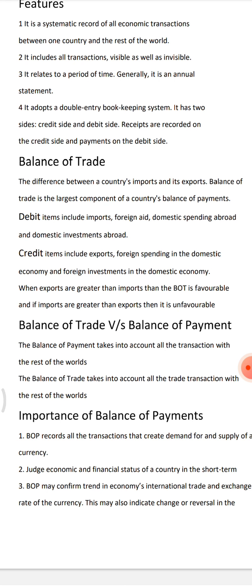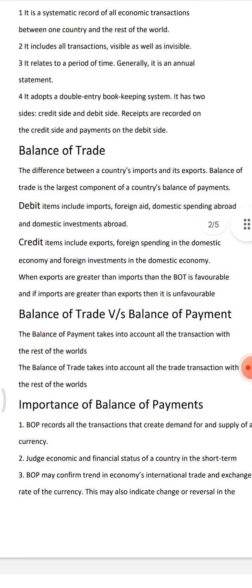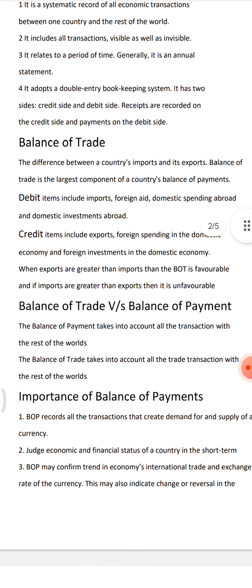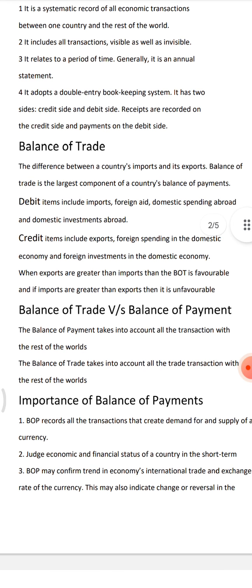A way of remembering that is RCDP: receipts on the credit side and payments on the debit side. This was a recap of the previous video; going through it will be more beneficial for you.